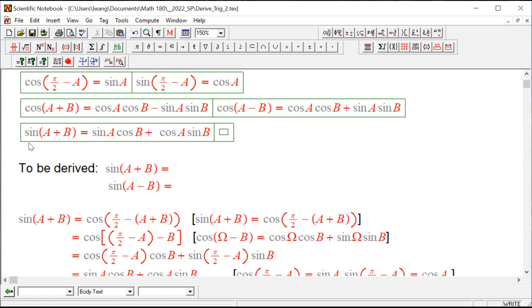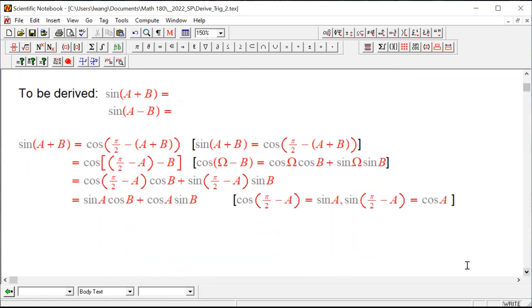The next one is sine of a minus b, and the technique is very similar to how we handled cosine a minus b. This is a plus negative b. If we apply sine a plus b, that gives us sine a cosine negative b plus cosine a sine of negative b.